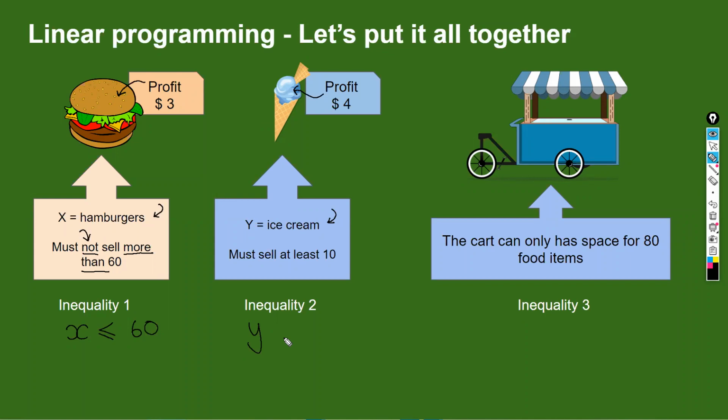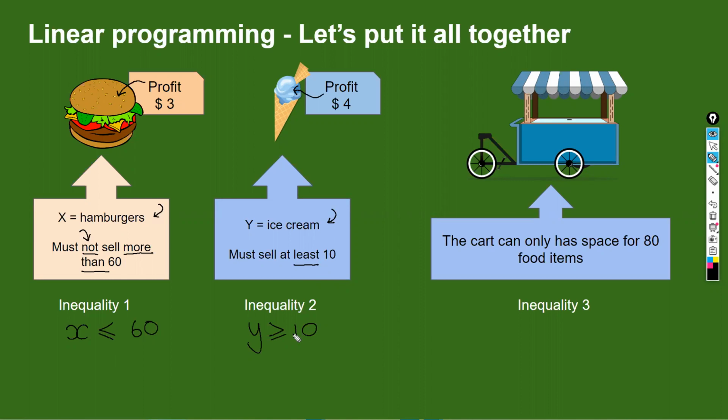If you sell 11, will you be okay in that scenario? Because I am telling you, you must sell at least 10. So if I want at least 10, that means it's okay to give me 10, 11, 12. In other words, more than or equal to 10. Okay? So here, the word least actually ended up being a more than sign.